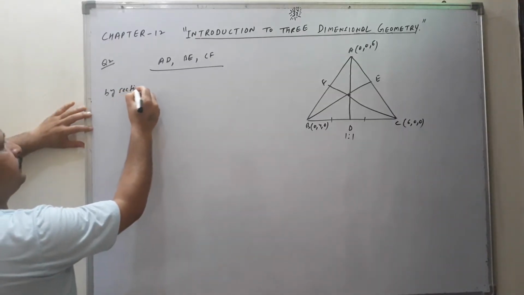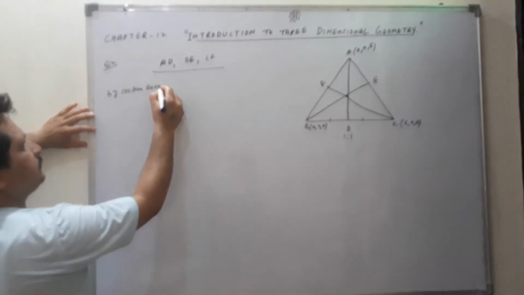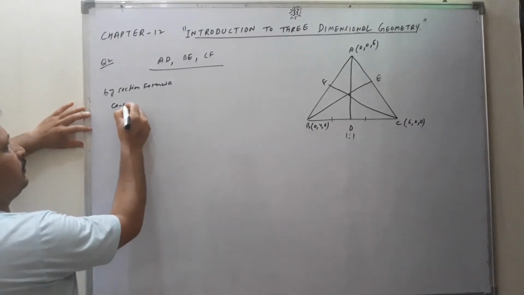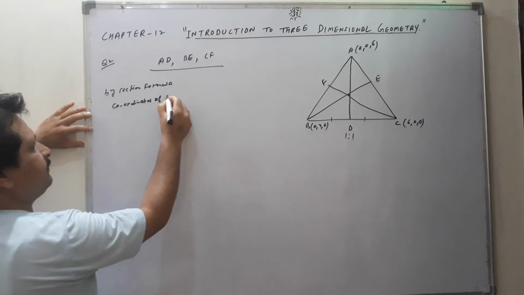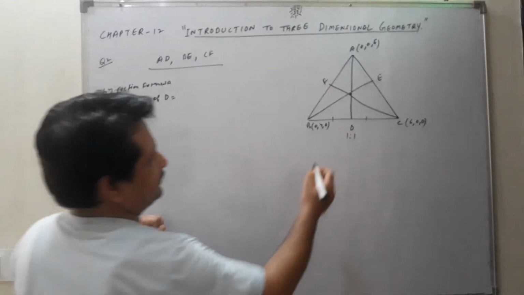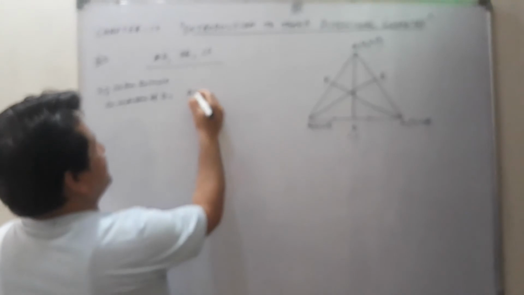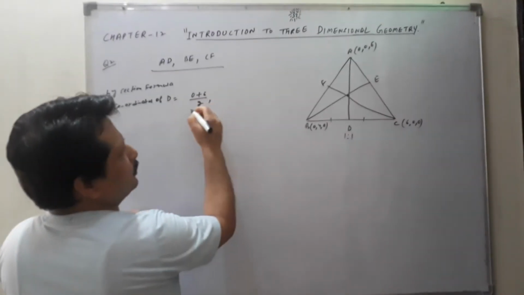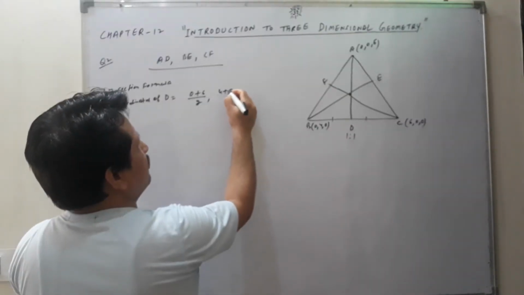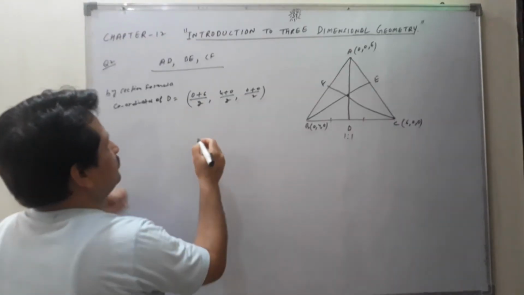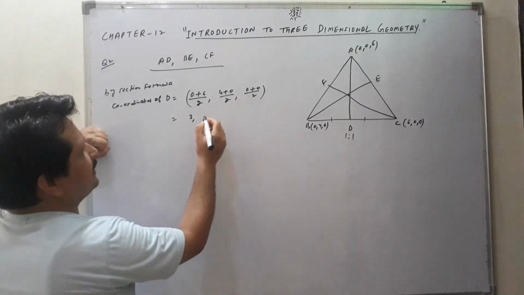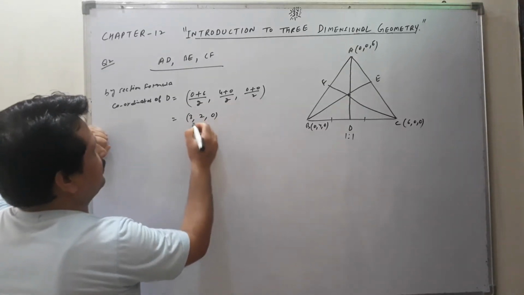By the section formula, the coordinates of D will be 0 plus 6 divided by 2, 4 plus 0 divided by 2, and 0 plus 0 divided by 2. It will come as 3, 2, and 0.